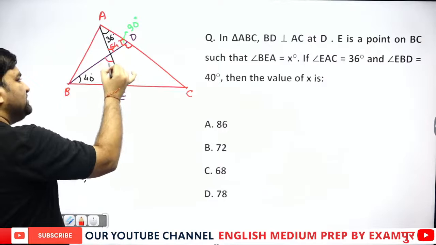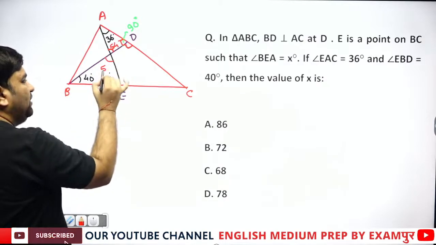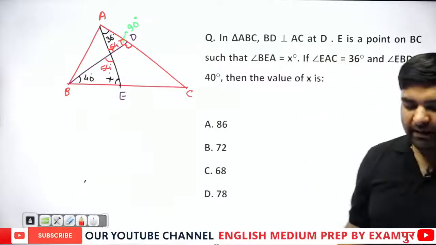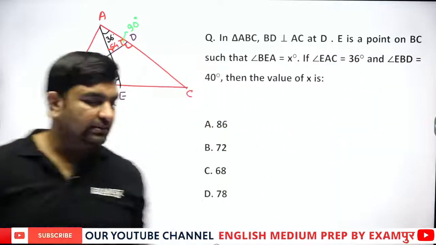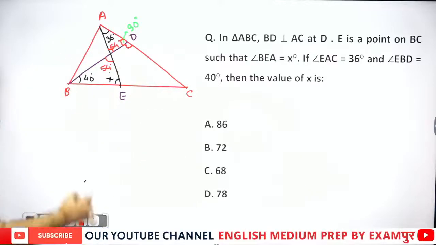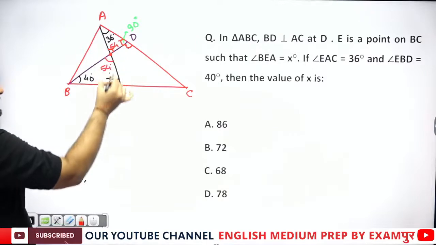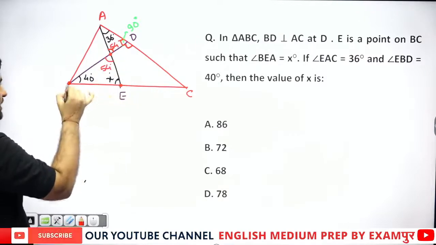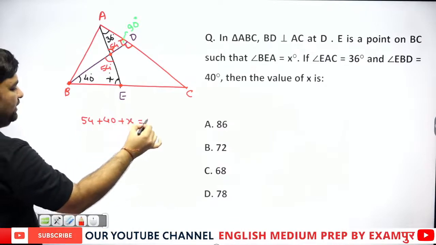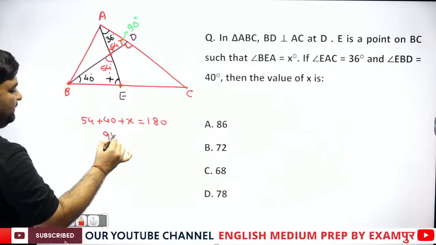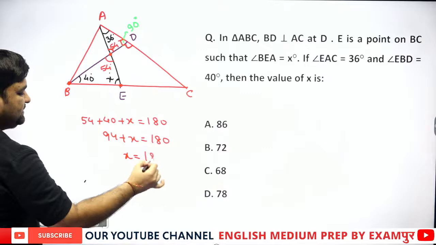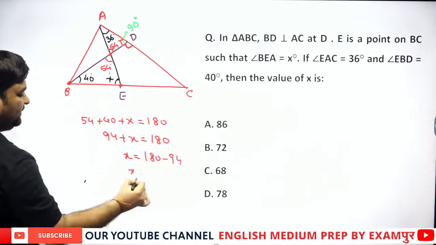If this is 54, this is also 54 by the property of vertically opposite angles. Now this triangle is complete. 54 plus 40 plus x is 180. 94 plus x is 180. So x is 180 minus 94, which is I think 86.